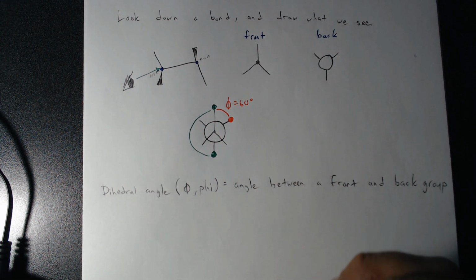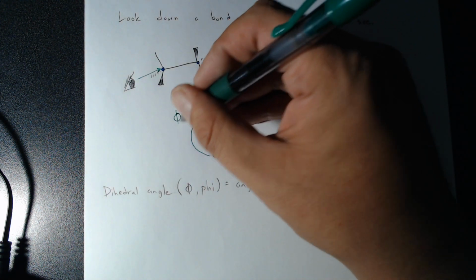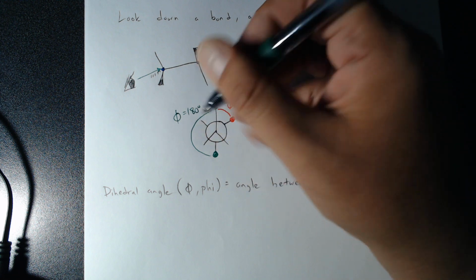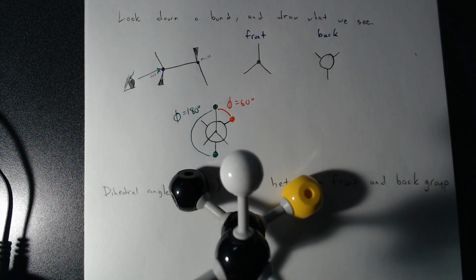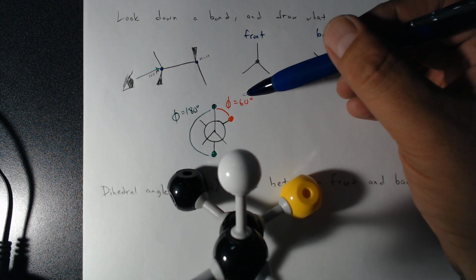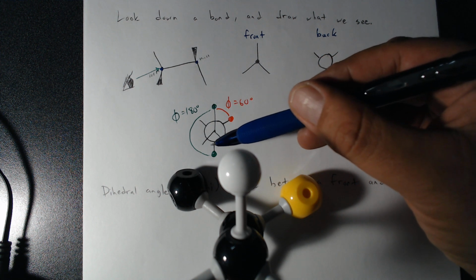And then there, what do you guys think that bond angle is? 180. Yep. Okay. And we had the other possibility here. There actually are no 0-degree angles in here because they're all staggered out by 60 degrees, all these little gaps here.